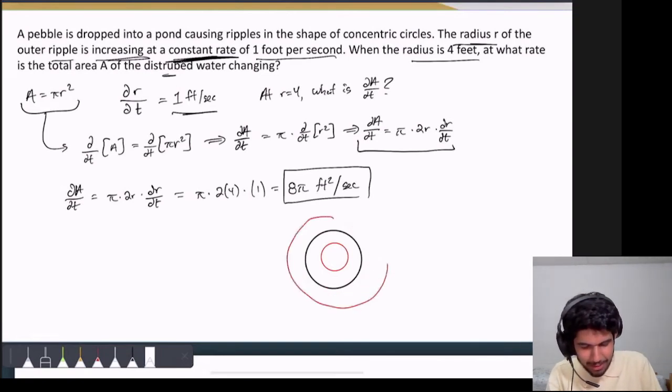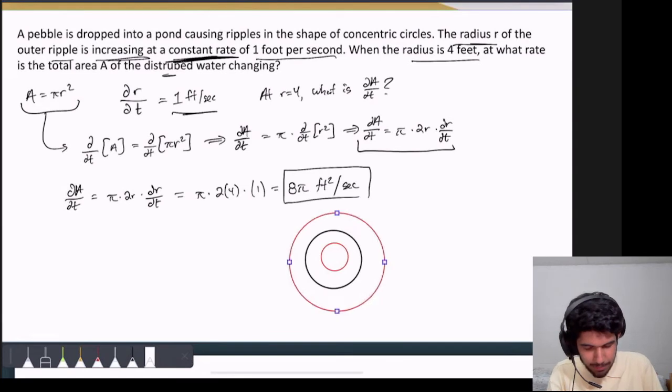1 second after it, right? So the circles aren't completely concentric, but this is 3, this is 5, and this is 4, right?